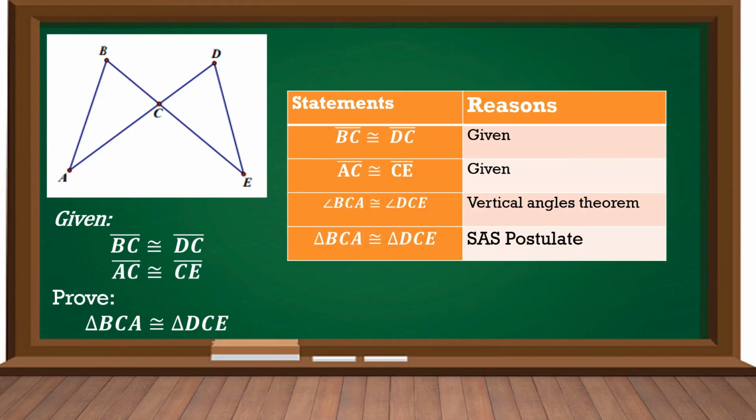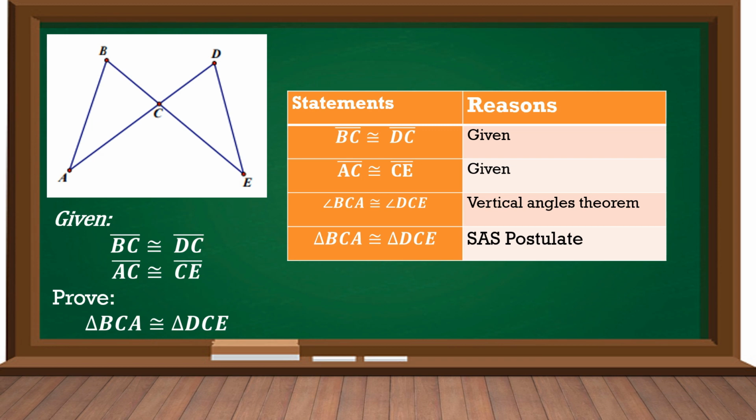This time, let's have the following statements. We have side BC congruent to side DC, that is according to our given. We also have side AC congruent to side CE, again that is according to our given.